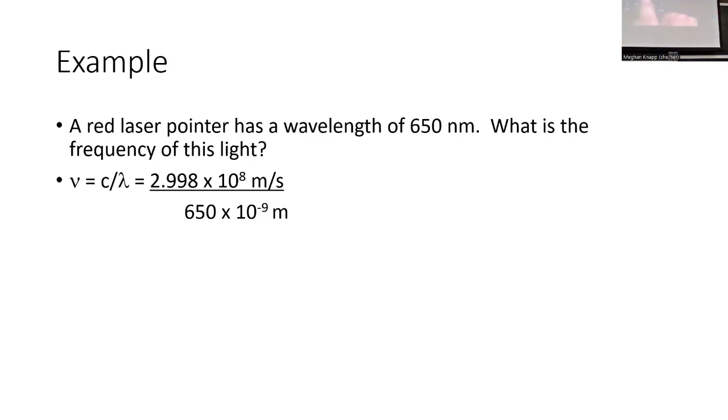So I would write 650 EXP, and that means times 10 to the, and then I put 9 and then negative. I have to put the 9 in first and then the negative. If I put the negative before the 9, it's going to make the whole number negative. Notice what it looks like here. This looks like an exponent on the 650. Your calculator makes it look like that, but it's really 650 times 10 to the -9, okay?